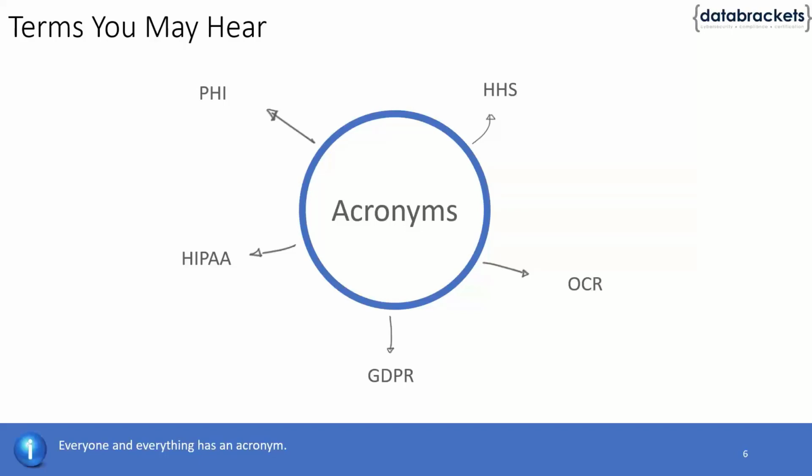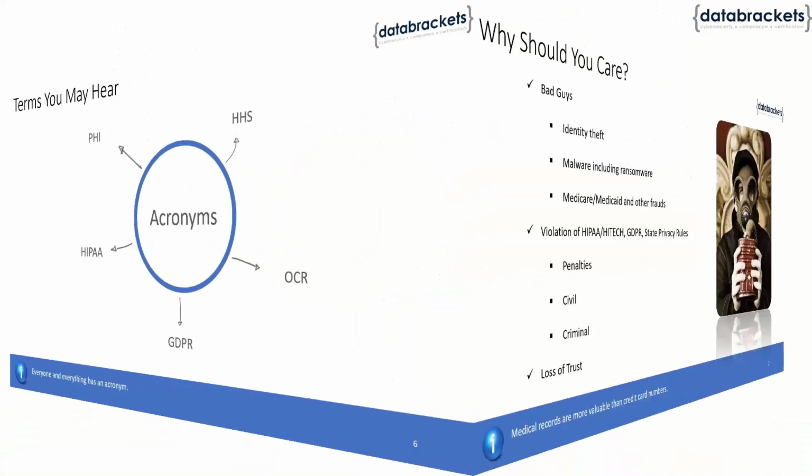OCR is the enforcement wing of HHS, called the Office for Civil Rights, and OCR auditors are the ones auditing a lot of these different healthcare organizations and others with respect to the different regulatory requirements. GDPR, I think we talked about it. It's the privacy law for the European Union, and HIPAA, of course, most of you must be familiar with HIPAA by now.